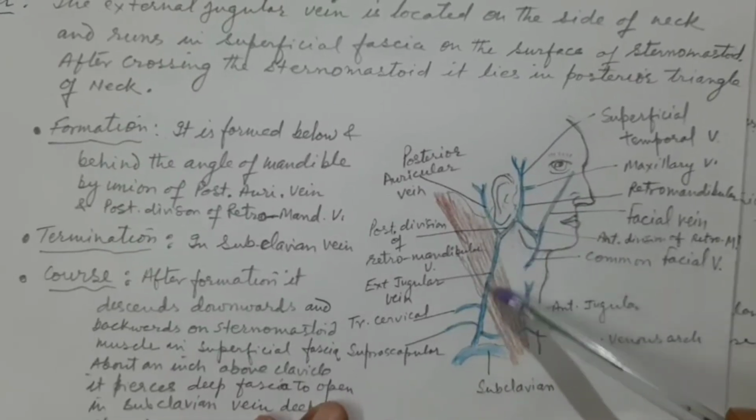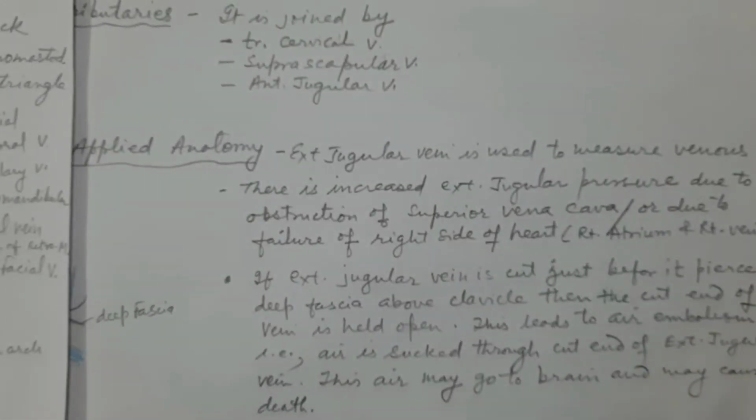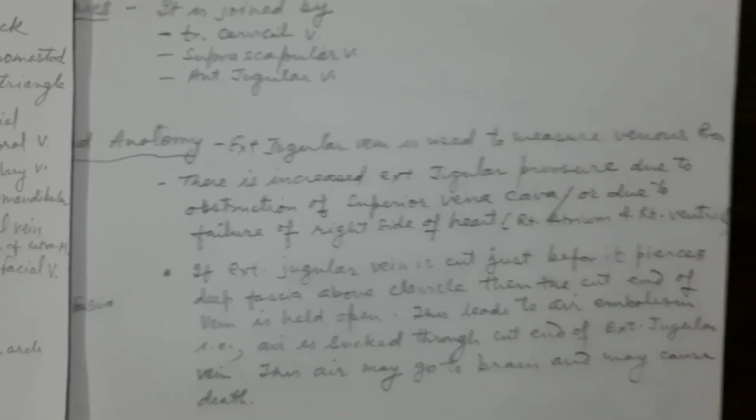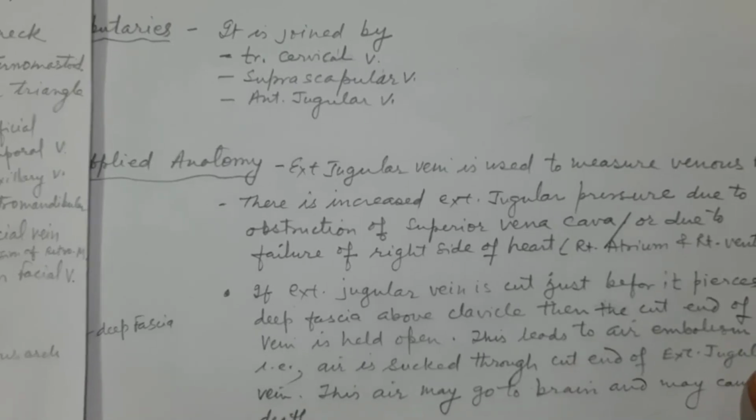If it is dilated, this vein can be seen, and there is an increase in the venous pressure, and that's why, being a superficial vein, it is used to measure the venous pressure. And why is it needed to see the venous pressure of the external jugular vein?